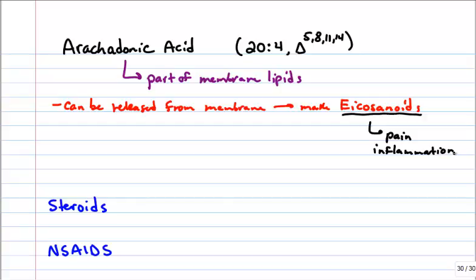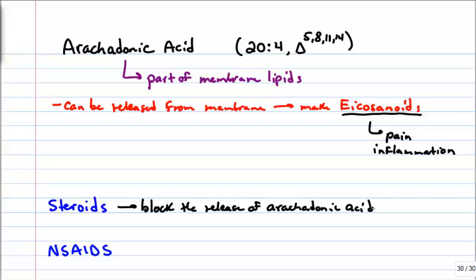If I asked you what are the most powerful anti-inflammatory agents that you take if you're sick, probably you would say steroids, because if you go to the doctor and you have a sinus infection, for example, you're all stopped up, you have a lot of inflammation, steroids are very good at relieving inflammation. So steroids, what we know, block the release of arachidonic acid from membranes.